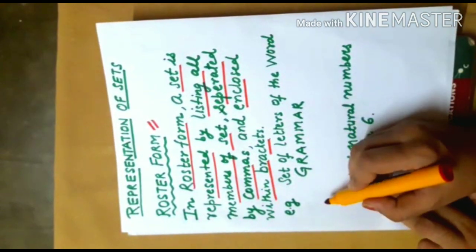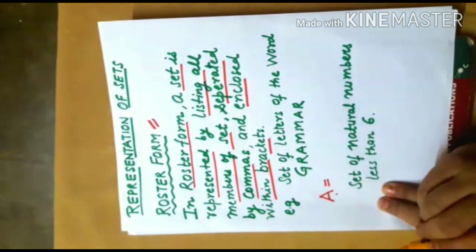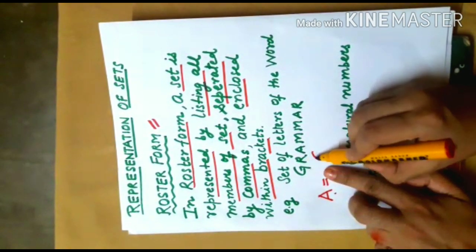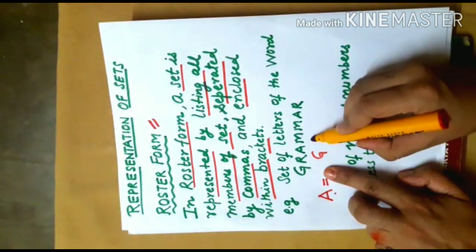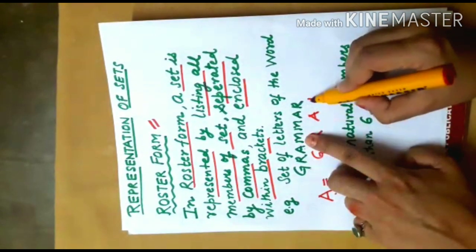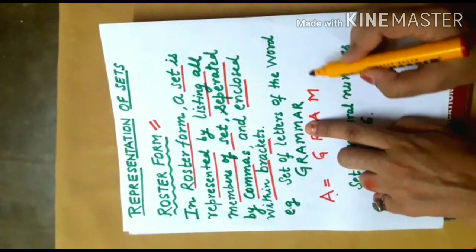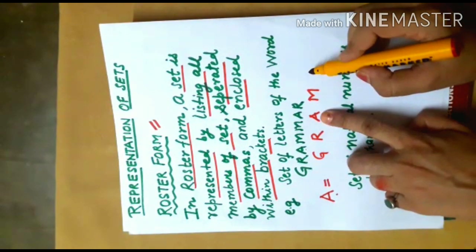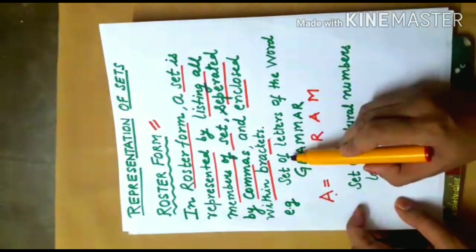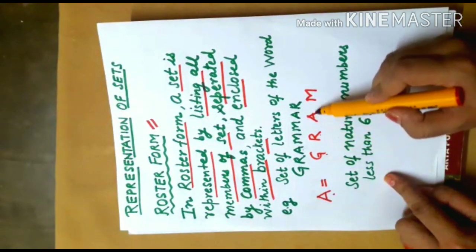We know that a set is denoted by a capital letter, so I denote this set with the letter A. Now this set will be represented by, yes, the first letter is G, next letter is R, then A, next is M, again we have M, but we will not repeat the letter. Next is A, which has already been listed, and next letter is R, which is already there. So the set of letters of the word grammar has 4 elements, G, R, A, M.